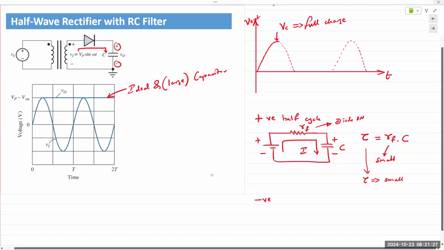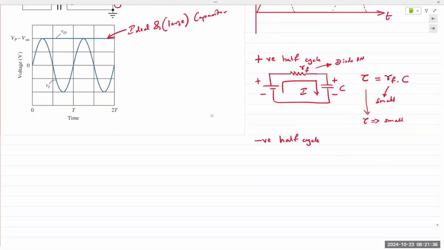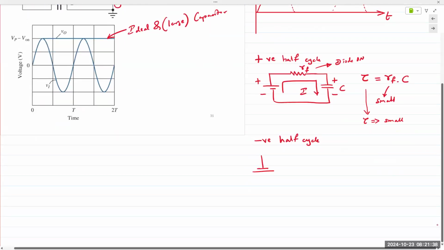And then the negative half cycle. Polarity is reversed. The half-wave rectifier diode is represented with an open circuit, or in real life, you would have the reverse resistance, very high reverse resistance, almost close to infinite.